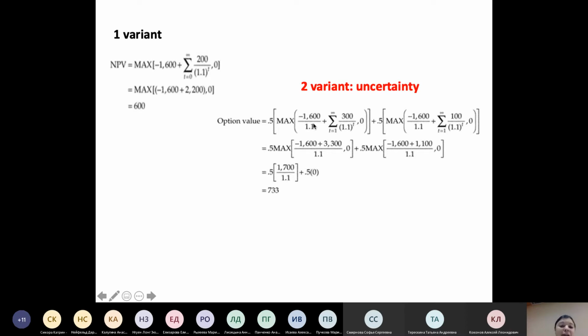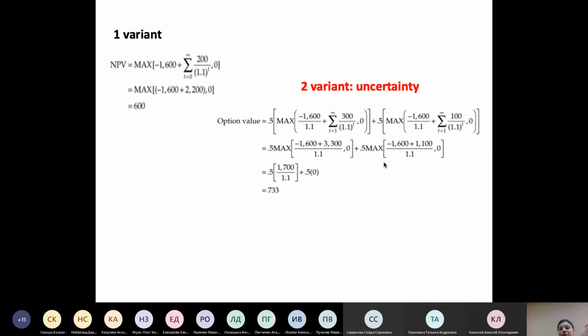It will be minus 1,600 divided by 1 plus 10% plus the sum of all our expected results, such as 300 divided by 1 plus 10% to the power t starting from 1 to infinity, or 0 if we reject the project.